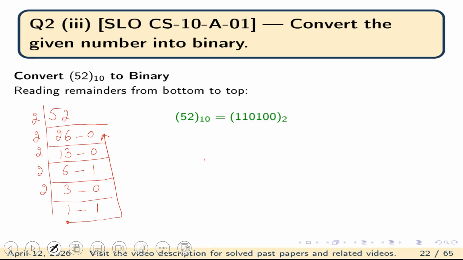Means you will write 1, first 1, then this one, then 0, this is 0, then 1, 0, 0. As you can see, the above answer is the same as I have mentioned already. 1, 1, 0, 1, 0, 0 in binary.